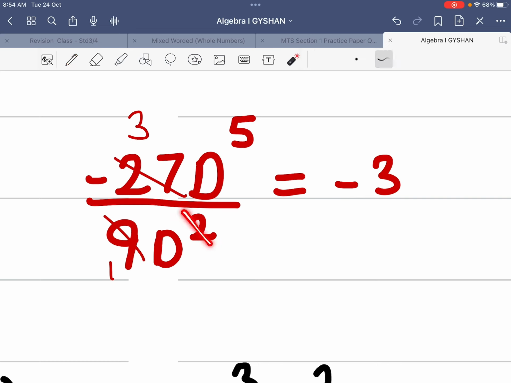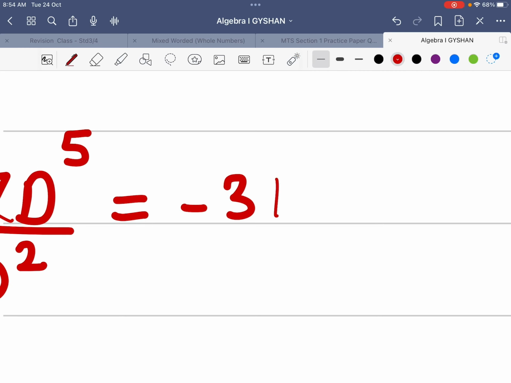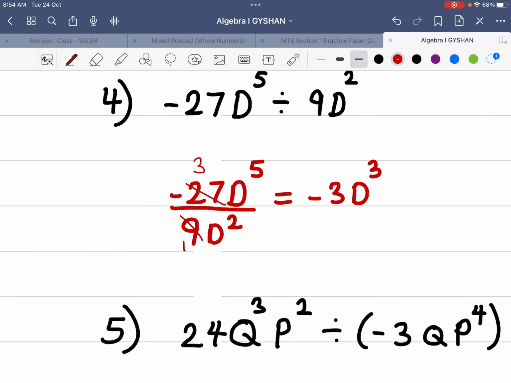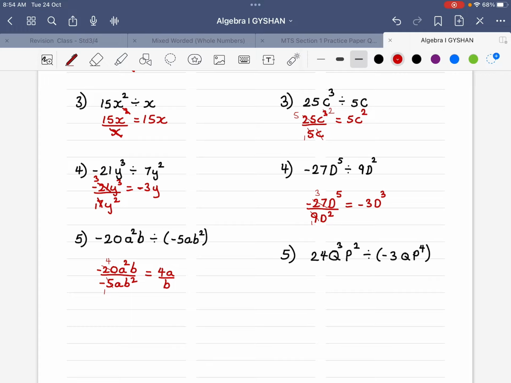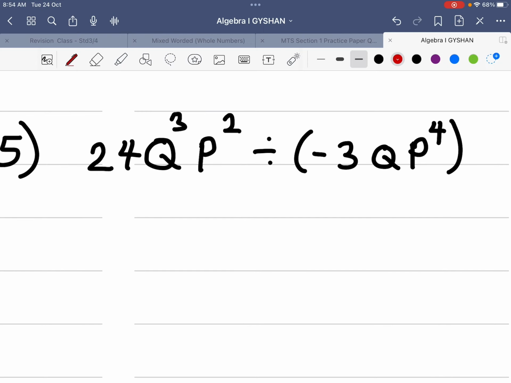And 2 of the d's will cancel with 2 out of the 5 d's, leaving you with d cubed. And lastly, we have this here, so let's do that.